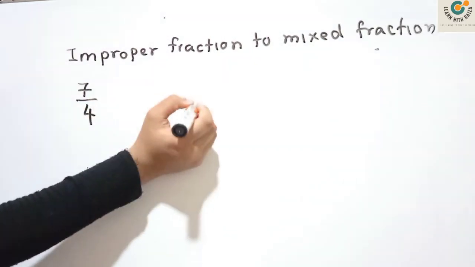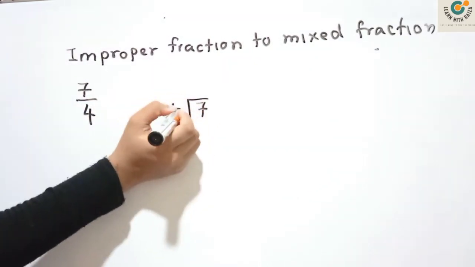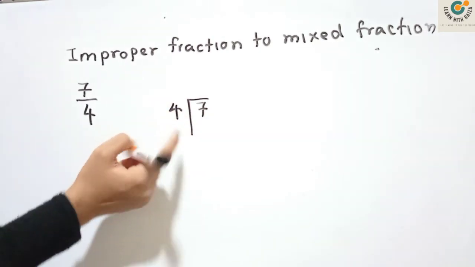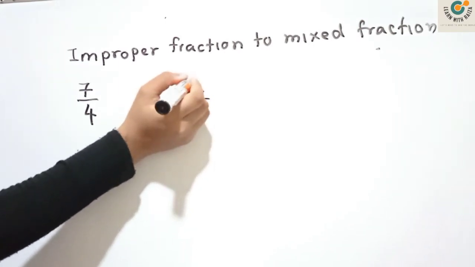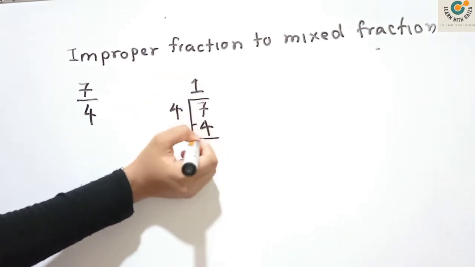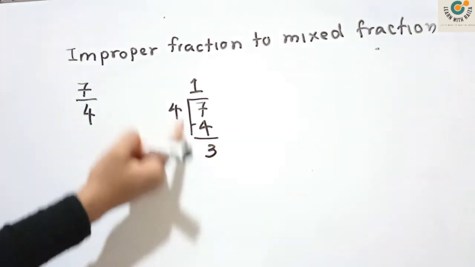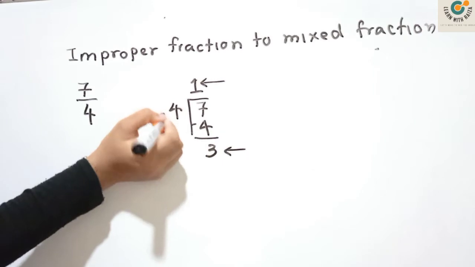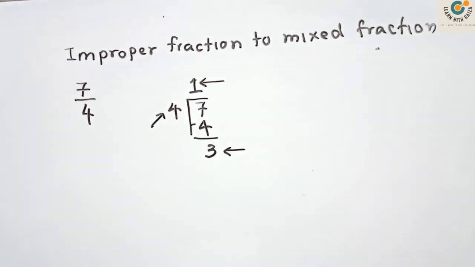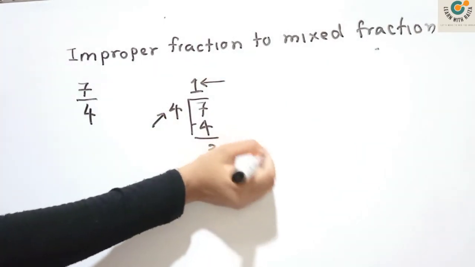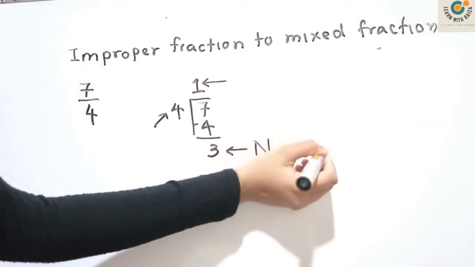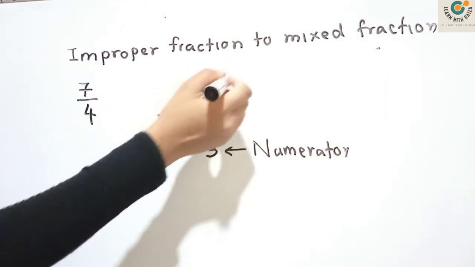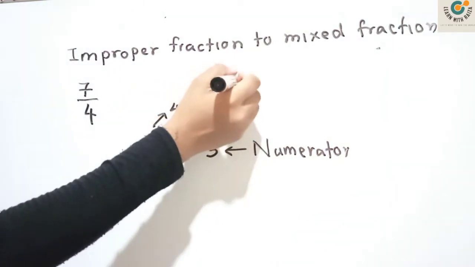So how do we do this? 7 upon 4 means 7 divided by 4. In 7, how many 4s are there? Yes, 1. 4 multiplied by 1 is 4. 7 minus 4, you get 3. The remainder is the numerator, and the quotient is your whole number.